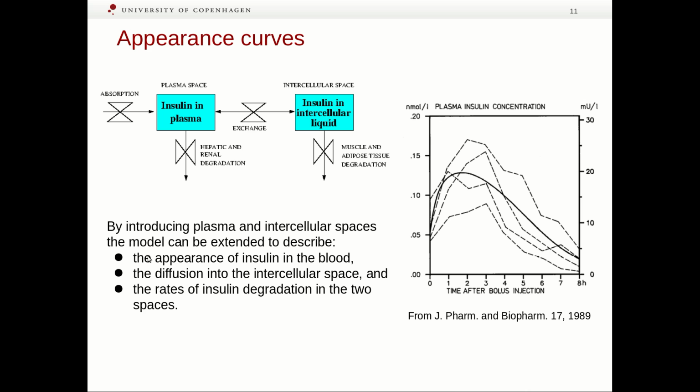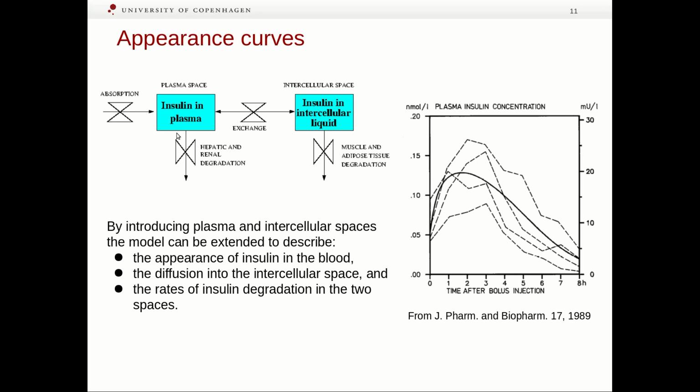The next slide shows how, by introducing plasma and intercellular spaces, the model can be extended to describe the appearance of insulin in the blood, the appearance of insulin in the intercellular liquid, and the rates of insulin degradation from the two level variables, the hepatic degradation together with renal degradation, and the muscle and adipose tissue degradations.